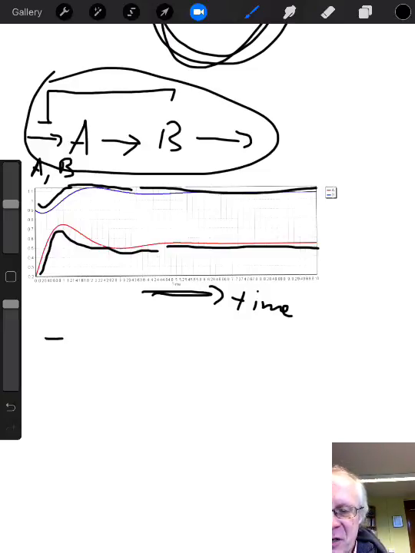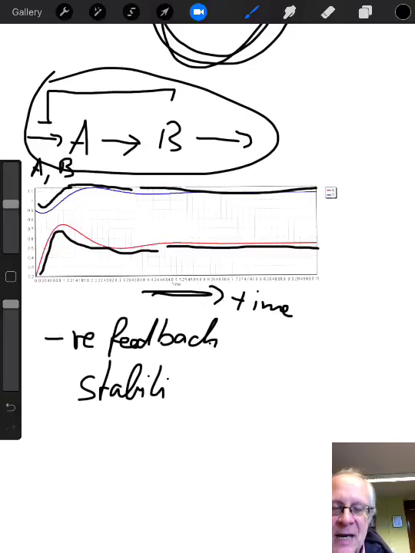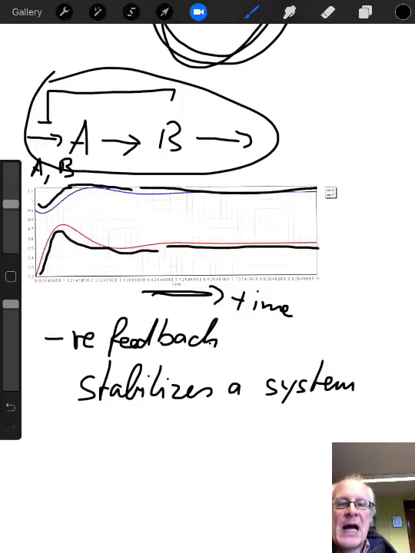So a negative feedback loop stabilizes a system. We reach homeostasis.